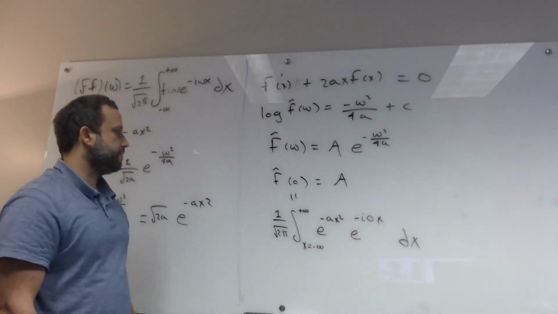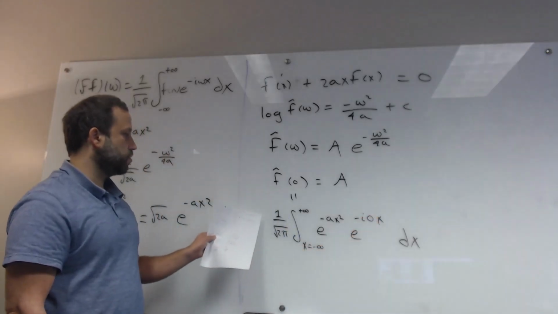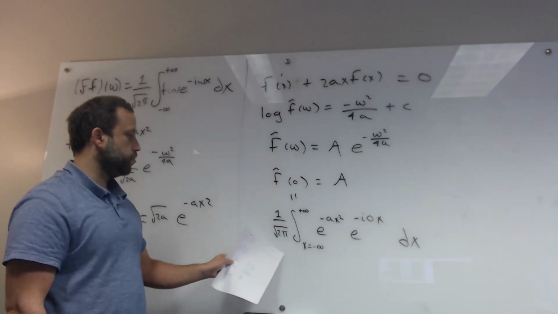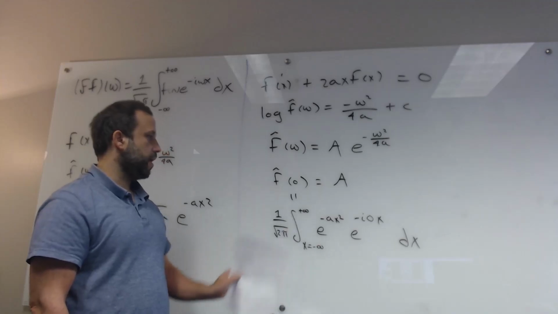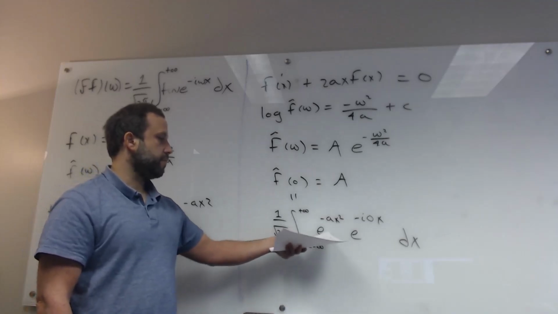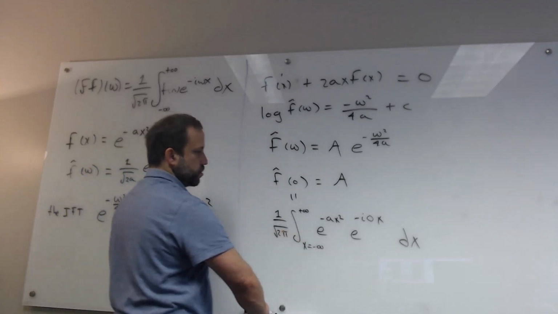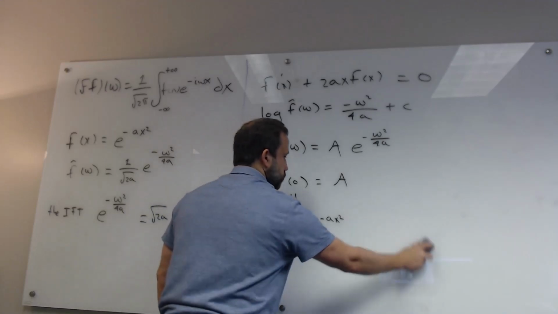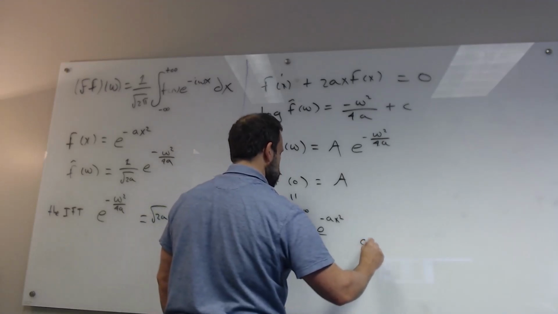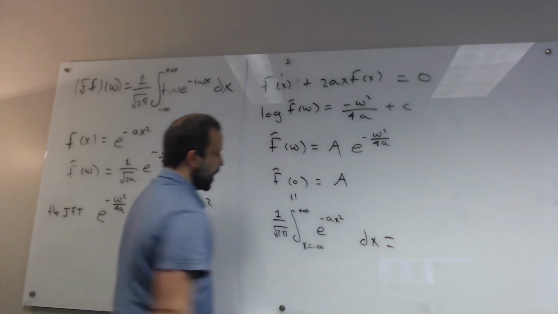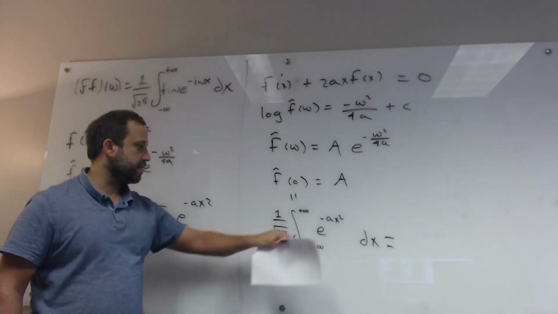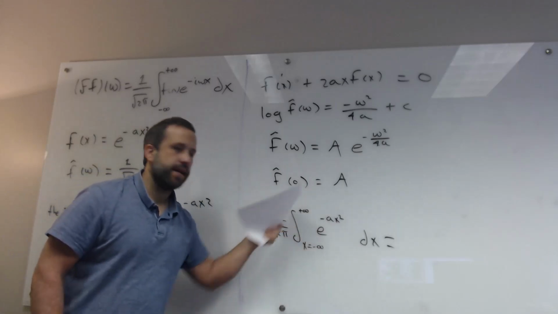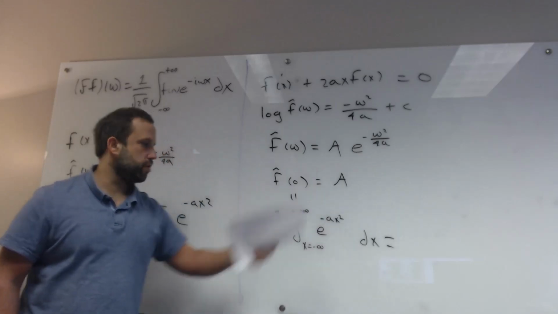So f hat of 0 is equal to 1 over the square root of 2 pi times the integral from minus infinity to positive infinity of just e to the minus ax squared dx, because when omega is equal to 0, this part is equal to 1. Now we can use the fact that the integral of this function right here is equal to the square root of pi over a.